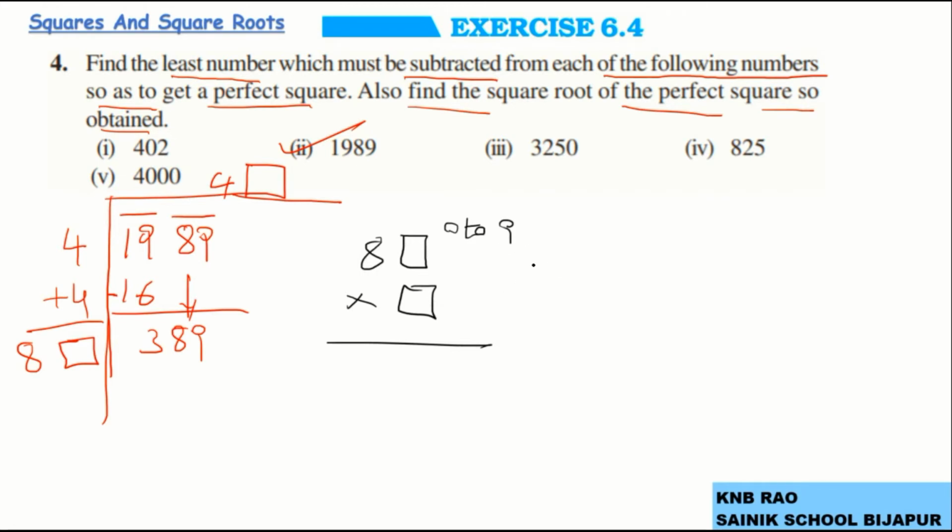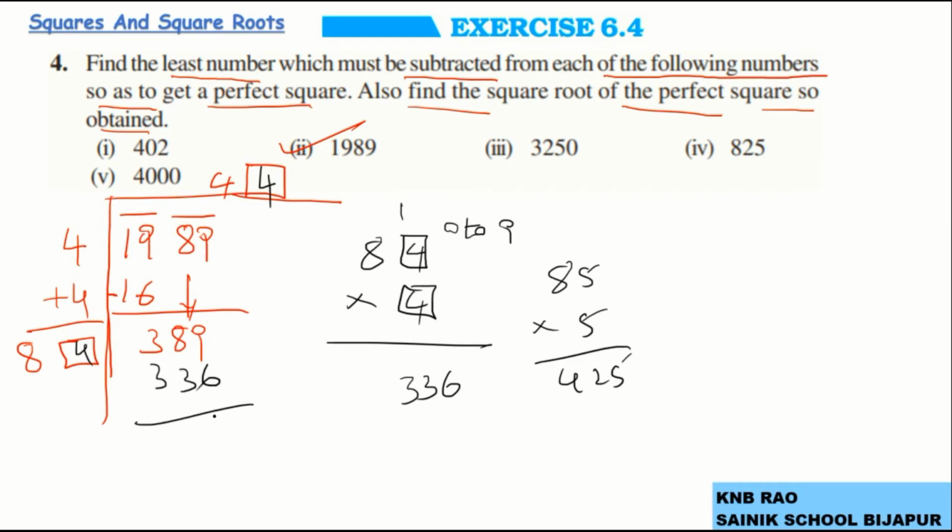If I take 5, 85 times 5 is 425, so less than 5 only will be there. That means if I choose 84, 4 4s are 16, 8 4s are 32 plus 1 is 33, so obviously 336, and the difference between them is 53.